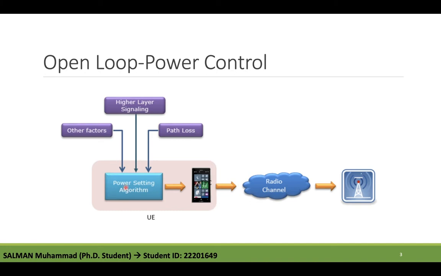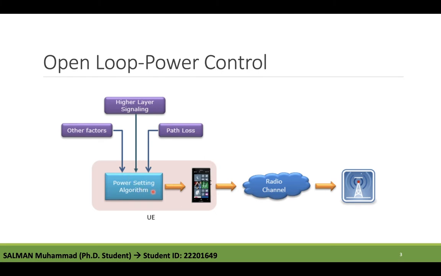In open loop control, the user equipment determines the transmission power by its own power setting algorithm. And all the power setting algorithms take inputs defined here, for example, the path loss, higher layer signaling, or other effects. Based on these, the algorithm will decide how to adjust the power of the user equipment.